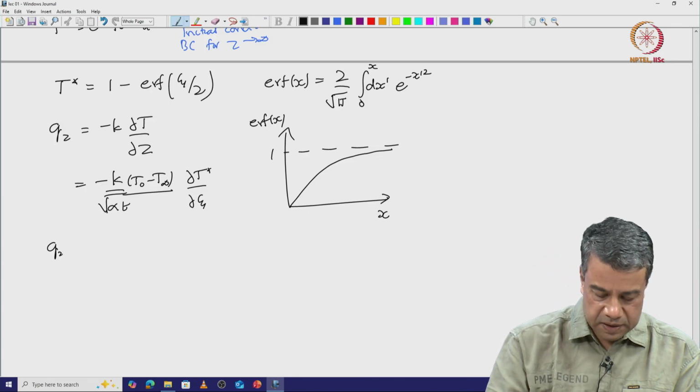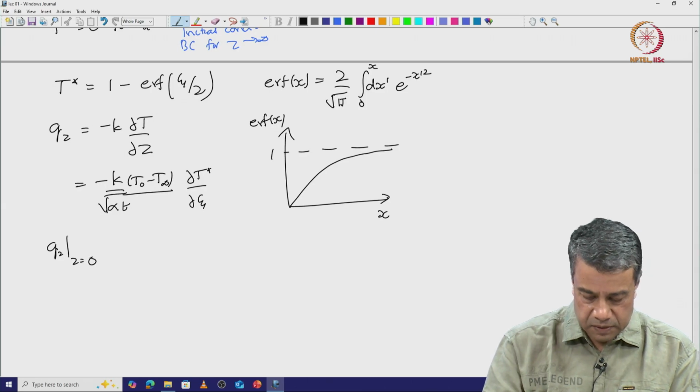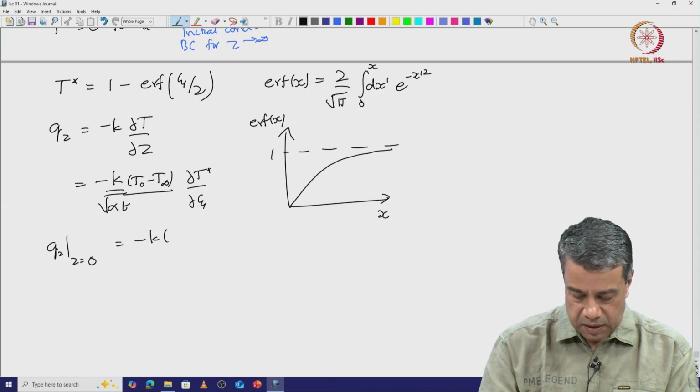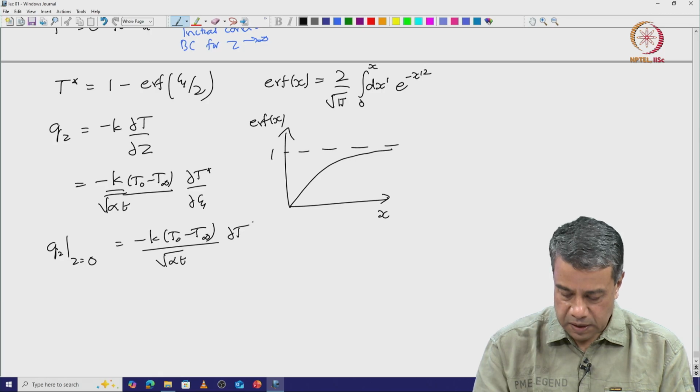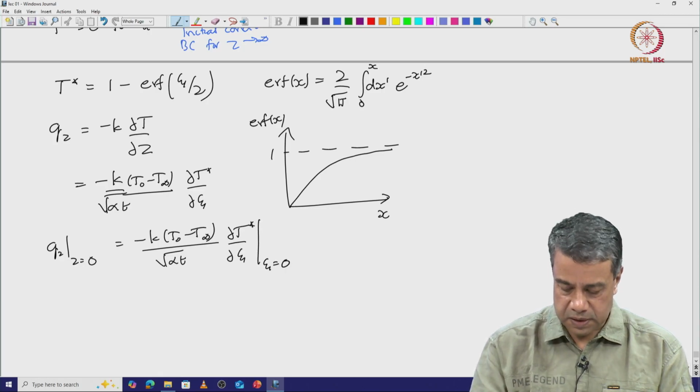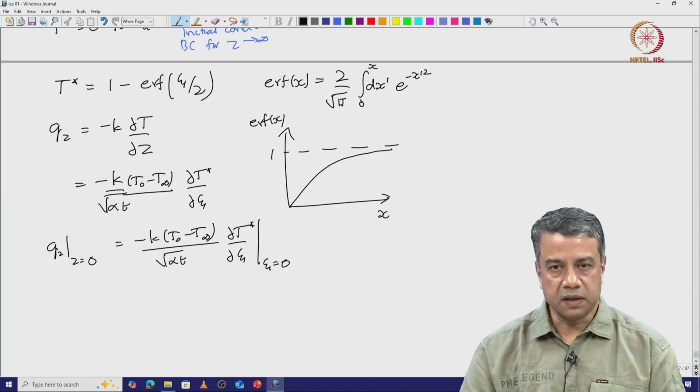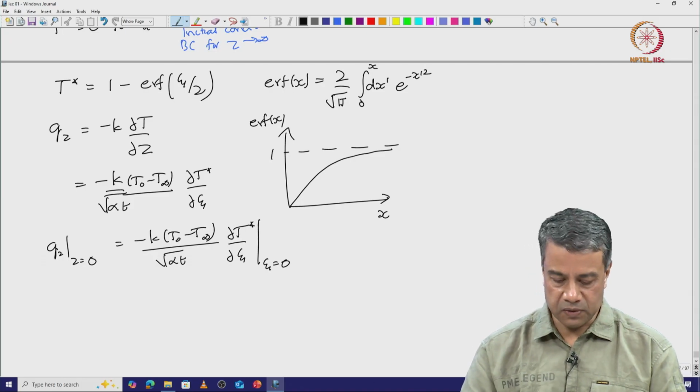And the heat flux at z is equal to 0 is equal to minus k into T naught minus T infinity by root alpha t times partial T star by partial psi at psi equals 0. This one turned out to be minus 1 over square root of pi.